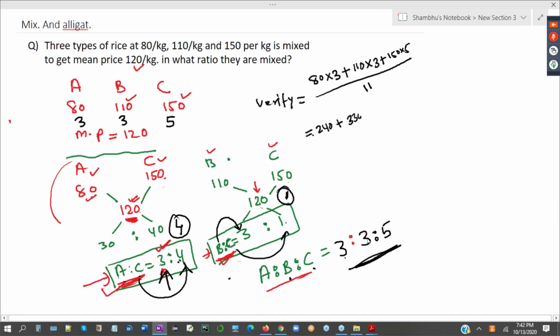So 240 plus 330 plus 750, divided by 11. That is 1320 divided by 11, which equals 120. You can see here the mean price is verified.